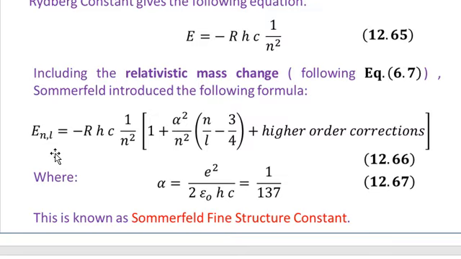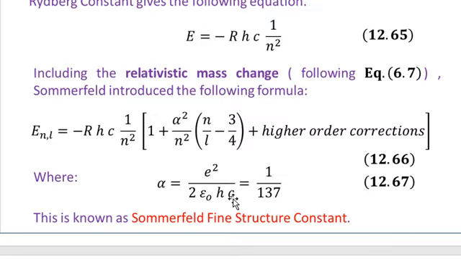And you know that here the energy depends on two quantum numbers, principal quantum number n and the orbital quantum number L. So you see that in the relativistic mass change, the orbital degeneracy is lifted. That is, the energy is now going to depend also on the orbital quantum number L, where alpha, which is called the fine structure constant, Sommerfeld fine structure constant, is given by alpha is equal to e square over 2 epsilon naught h c.